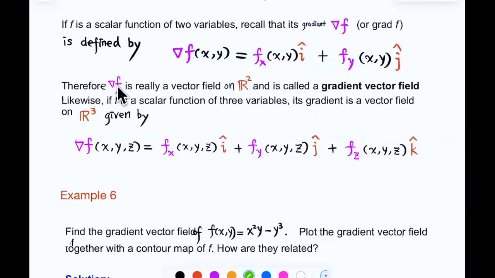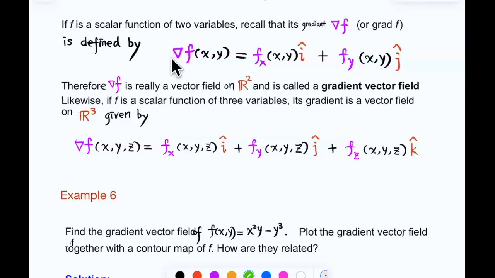So the gradient of f here, if f is a function of two variables, is a vector field on R2, because it takes a point in R2 to a vector in V2. You have two components in this vector, and it's called a gradient vector field. And if the small f here is a scalar function of three variables, then the gradient will be a vector field in V3, so it has three components right here.